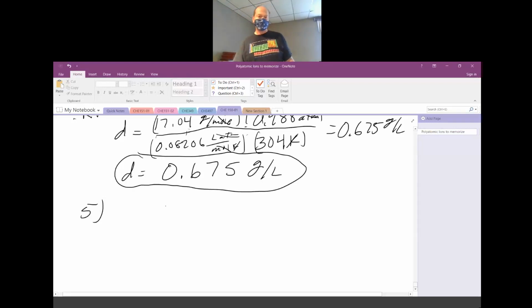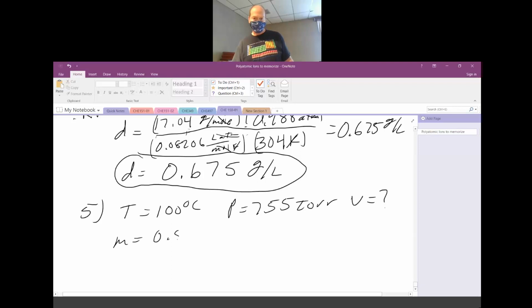All right, so we have a temperature given, 100 degrees Celsius. We have a pressure given. Pressure is 755 torr. We're given a mass. The mass is 0.548 grams of vapors.